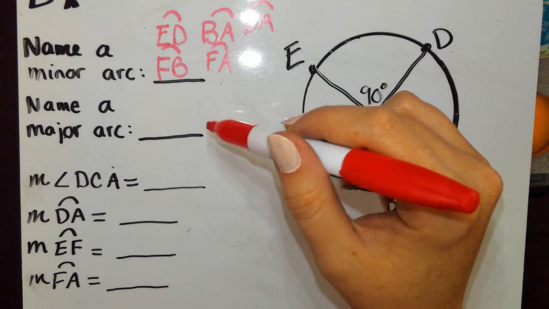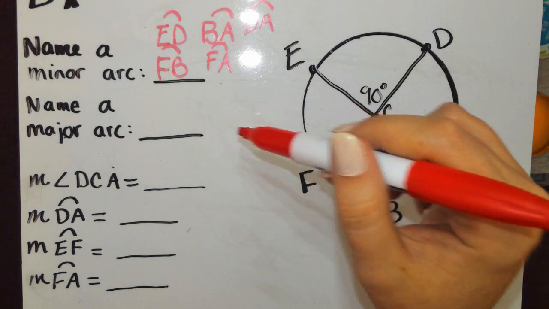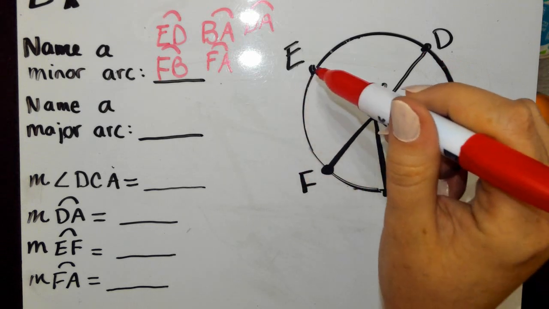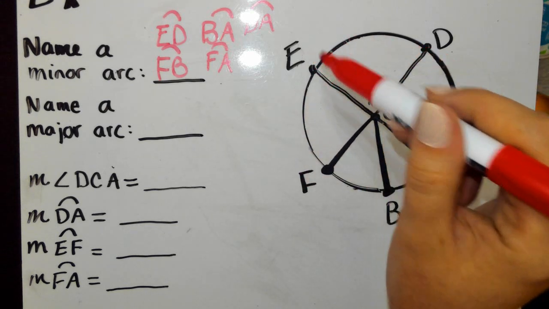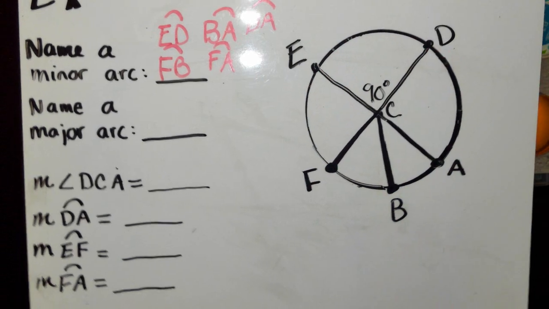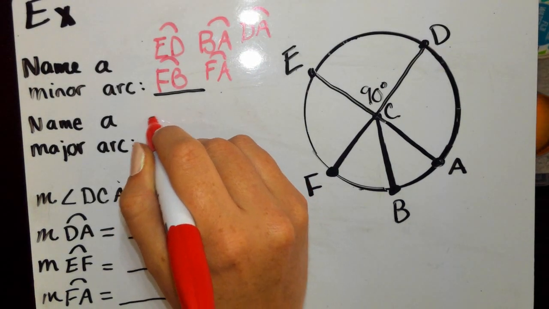Typically when you name major arcs, you want to use 3 letters to describe that, because we're not going from here to here. We're going from here all the way around to the other side. So I could call this arc EBD.